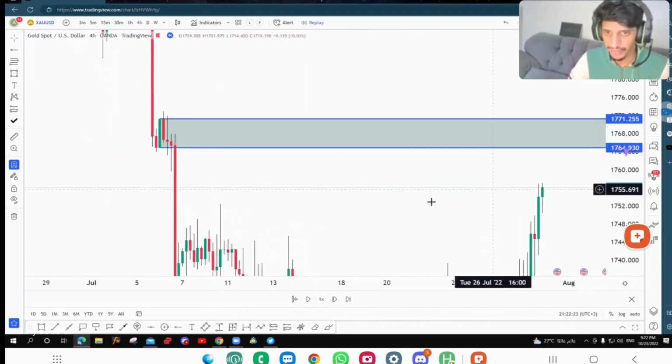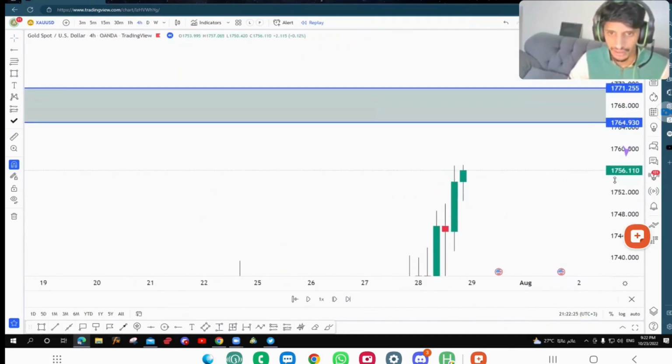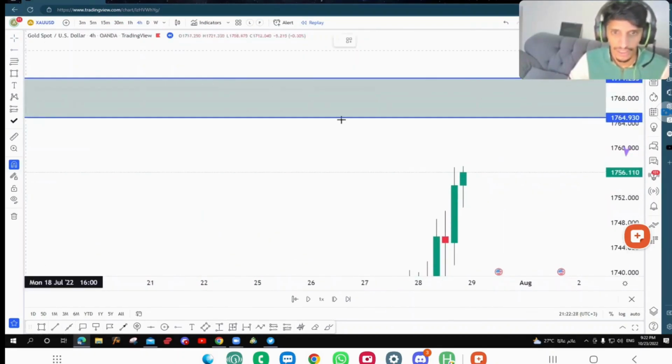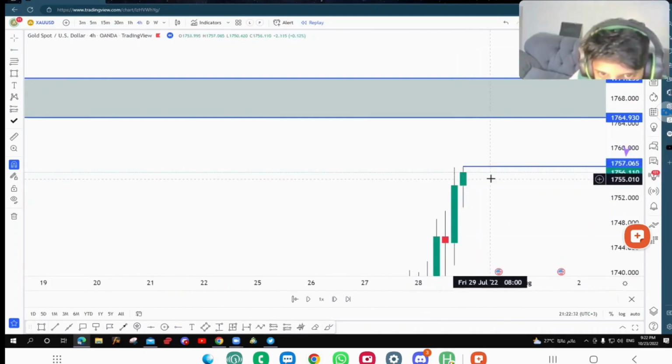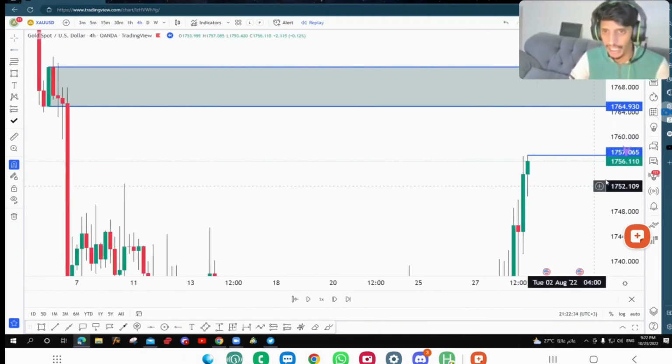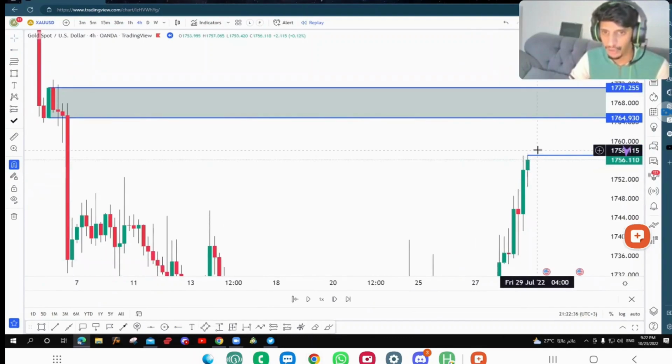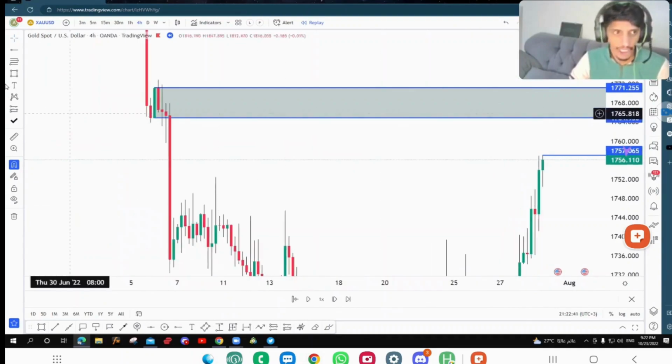Now the thing is, this candle is interesting. Why? Because this is an inside candle. No, it broke the high. If the next candle broke the high of the previous, it could tap here.